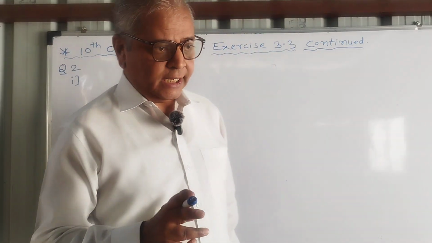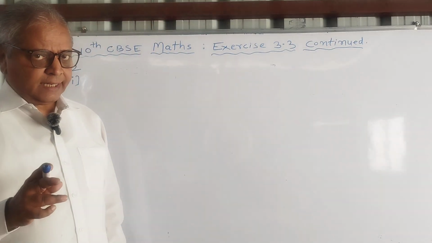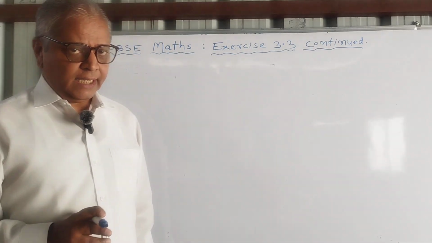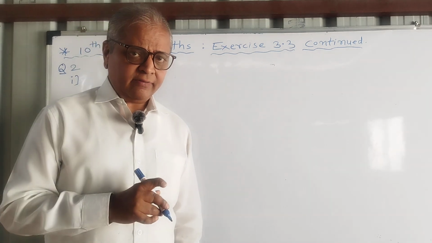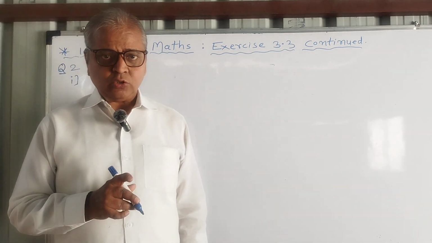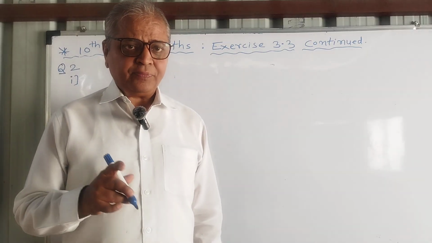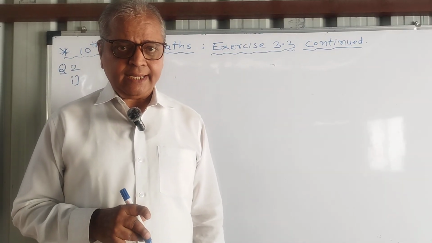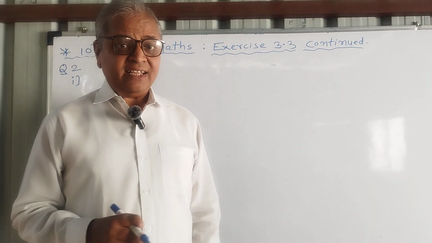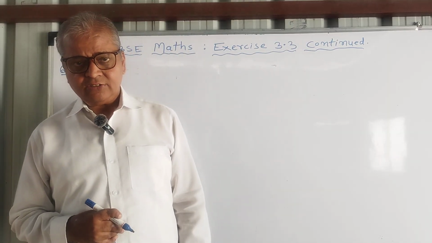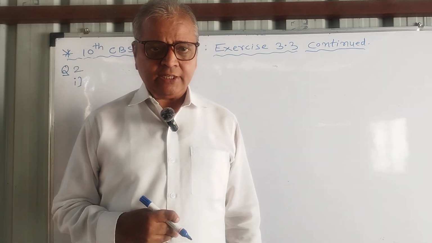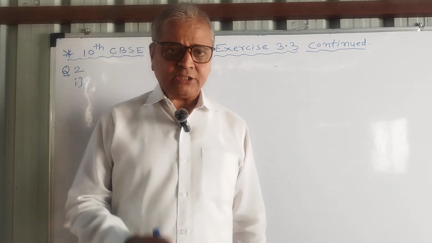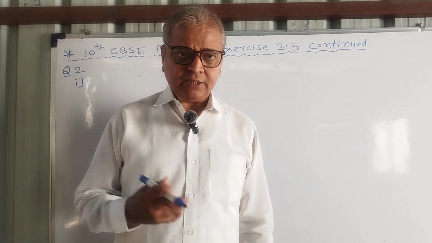First write numerator x and denominator y, then apply two conditions, form two linear equations in two variables, and solve those equations by elimination method. You will get x and y. What is x? Numerator. And what is y? Denominator. If numerator is 3 and denominator is 5, then the fraction is 3 upon 5.